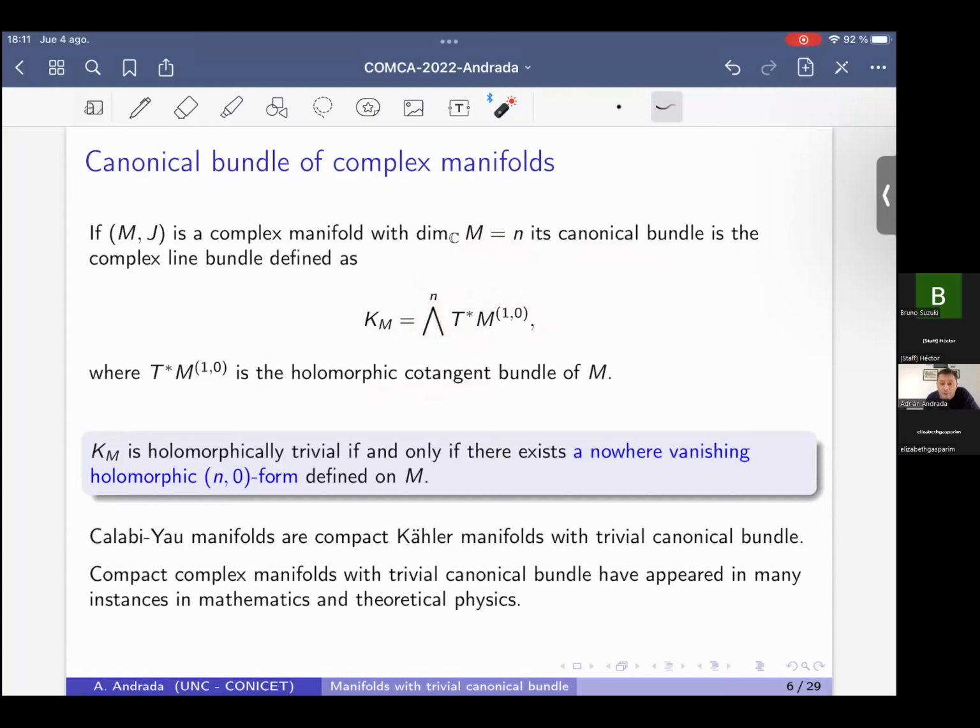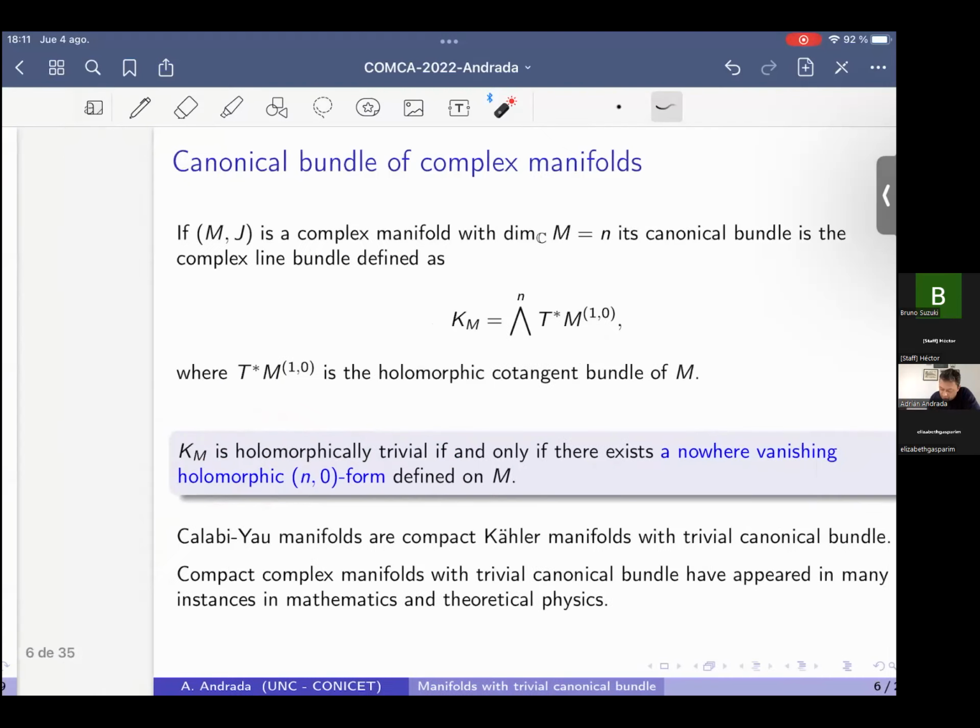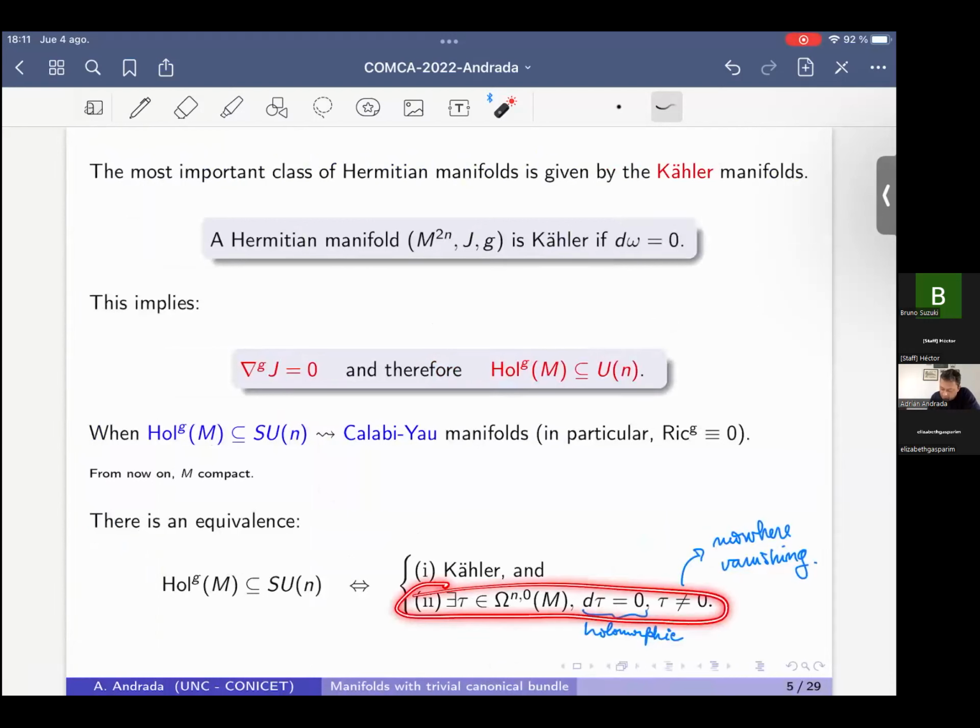This is a holomorphic vector bundle over the complex manifold M. And as usual, a complex line bundle is trivial if we can find a nowhere vanishing section defined on the whole manifold. So this is holomorphically trivial if and only if there exists a nowhere vanishing holomorphic (n,0)-form defined on the manifold. So this second condition means that the canonical bundle of the manifold M is trivial.